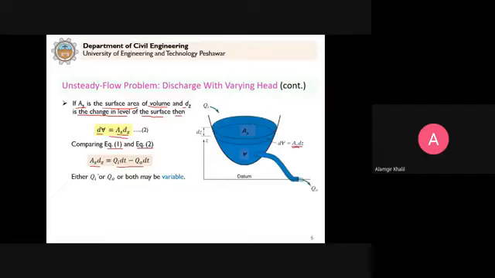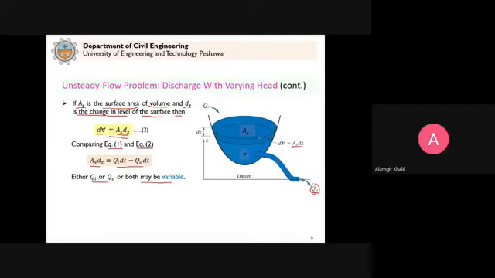In the discussion so far, we say that either Qi or Q naught or both may be variable. In this case, since the water level can rise and fall, Q naught will commonly change. If you want steady flow, so that Q naught does not change with respect to time, you just have to keep the water level constant.